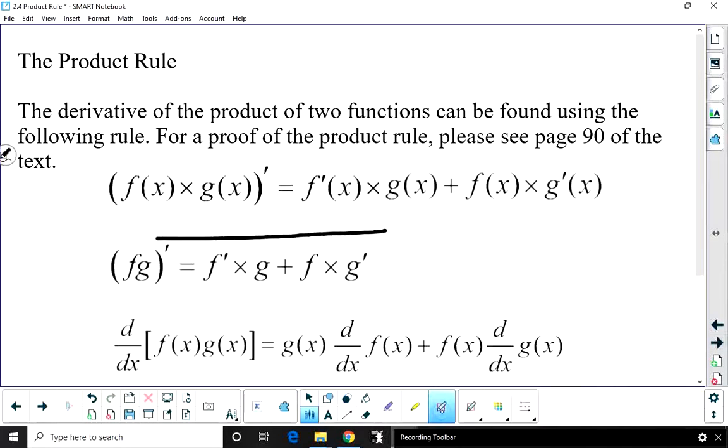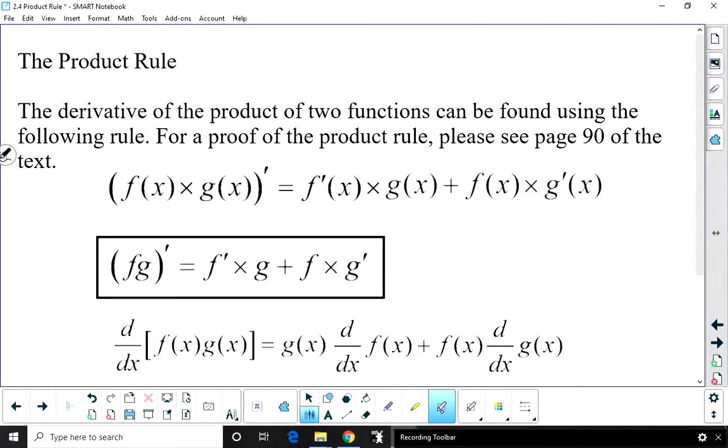This is probably the simplest way to write out the meaning of the product rule. (fg)' quantity prime, which means the derivative of the product of f and g, is equal to f prime g plus f g prime. I don't use that notation. I don't like using function notation without an x, usually.